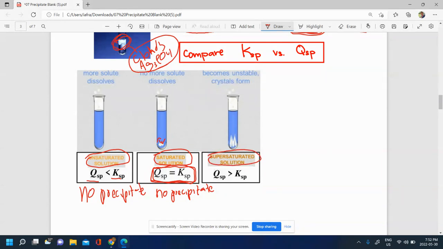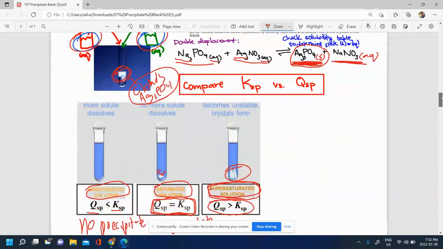Your solution contains more of certain ions than it should have, and as soon as you add new crystals, the solution is going to spit out those excess ions. So if QSP is larger than KSP, your solution was supersaturated, and it will now spit out the excess ions that were dissolved in there. That's when precipitation actually occurs.